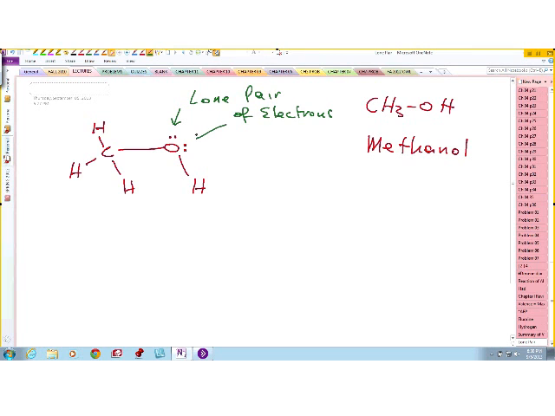So this is a lone pair of electrons, this is another lone pair of electrons. Or sometimes we refer to them as non-bonding electron pairs.